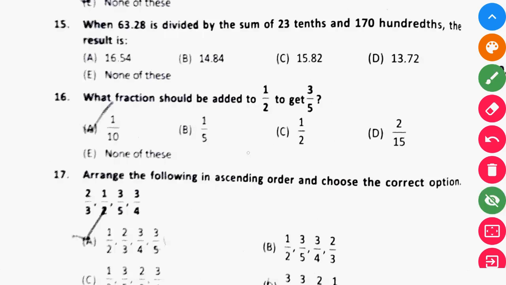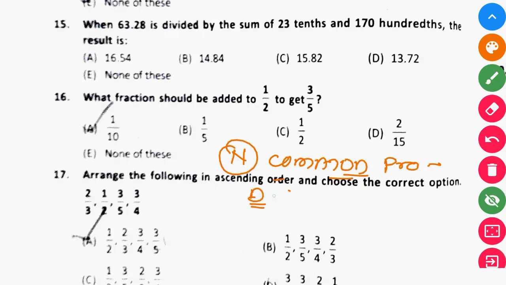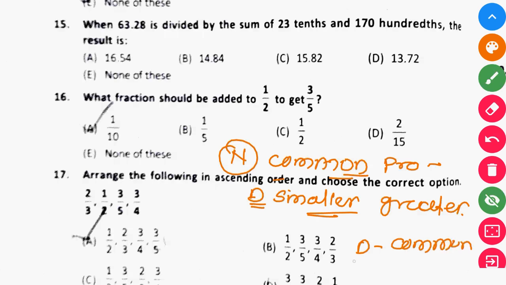If the numerator is common, the fraction whose denominator is smaller is the greater fraction. If the denominator is common, the fraction whose numerator is greater is the greater fraction.